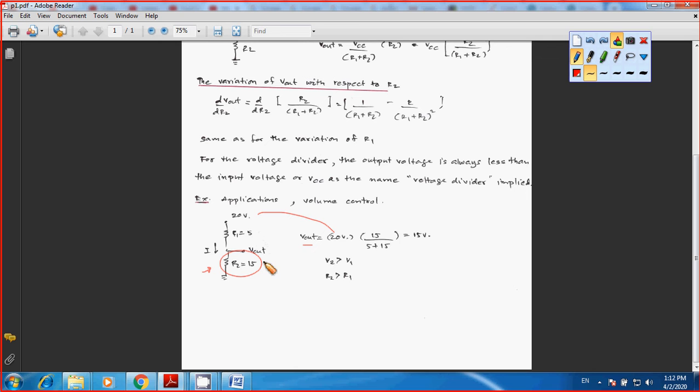So your V out is proportional to your R2 resistance.